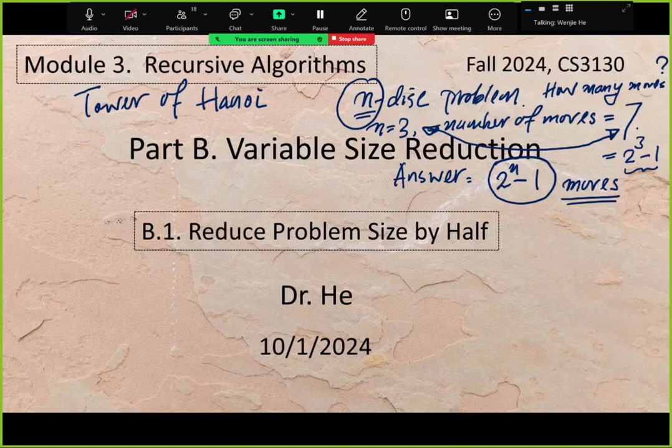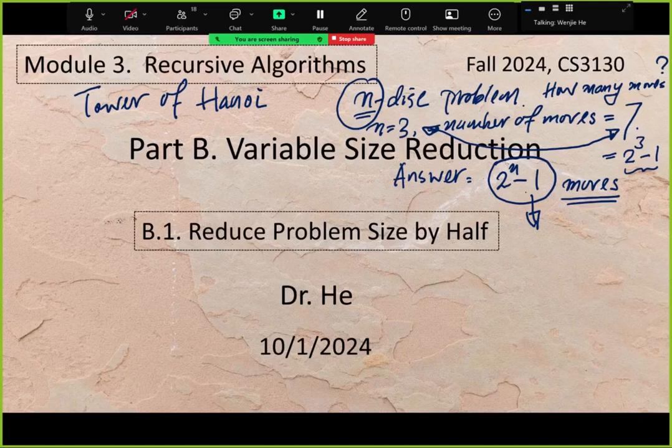All right. So here you get an idea. When n is small, this number is not that large, right? When n equals 3, this number is 7. It's not very large. But when n becomes larger and larger, the number of moves increases as an exponential function. What is the growth function?